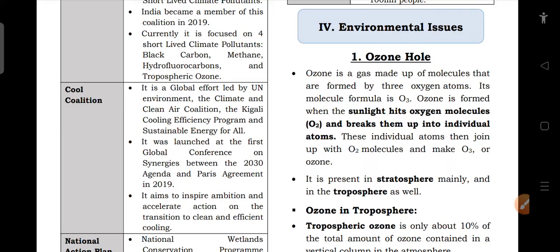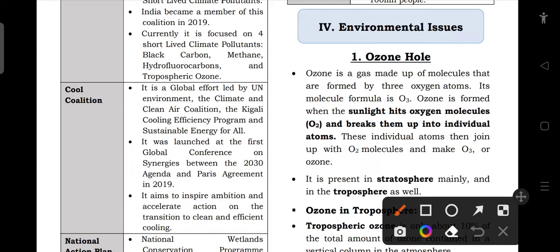This was launched at the first global conference on synergies between the 2030 Agenda and the Paris Climate Agreement in 2019. This is to accelerate the transition to clean and efficient cooling systems, which is the Cooling Coalition.